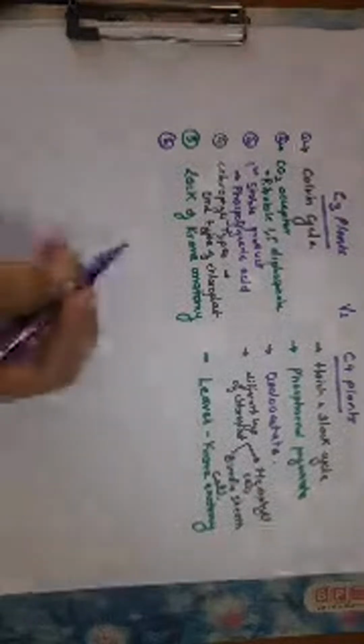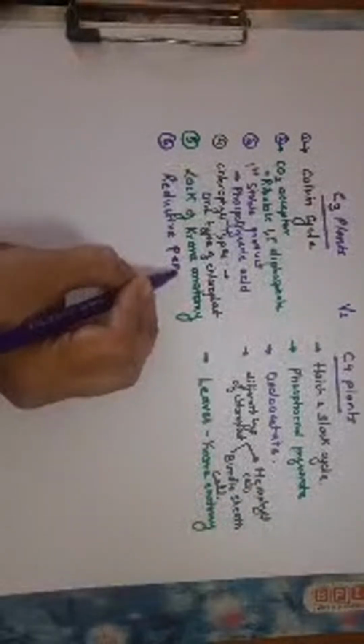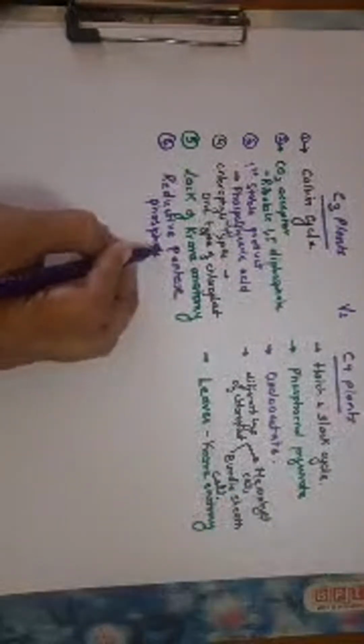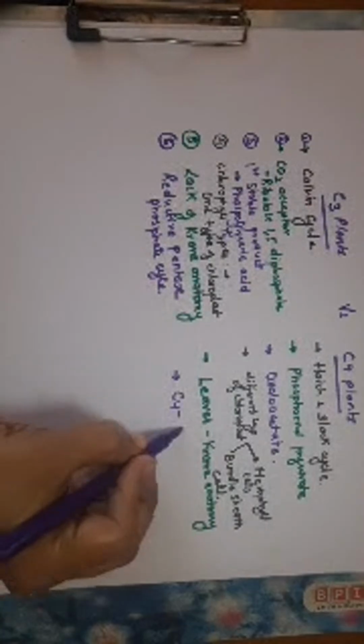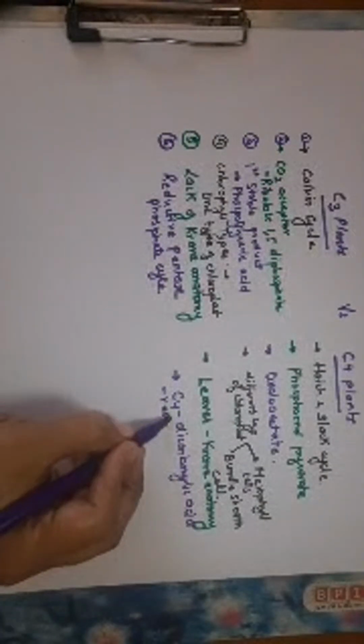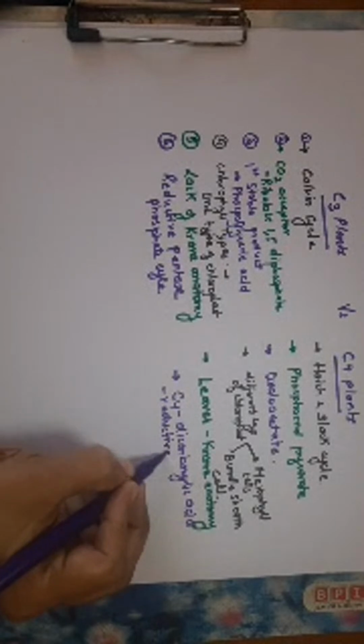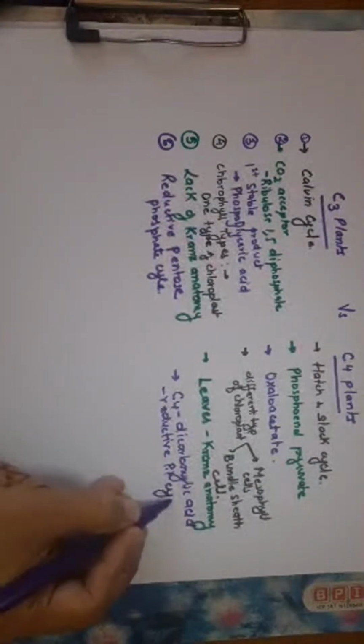The reductive pentose phosphate cycle is found only in C3 plants, whereas the C4 plant will have both kinds of cycle, the C4 dicarboxylic acid cycle as well as the reductive pentose phosphate cycle, the PP cycle.